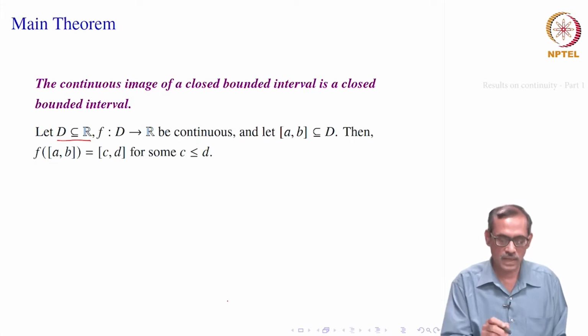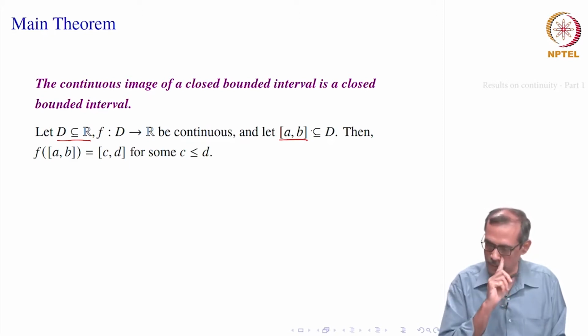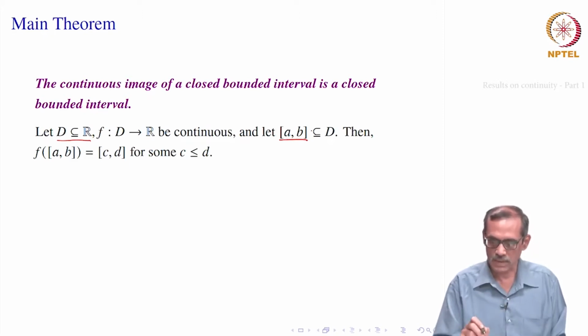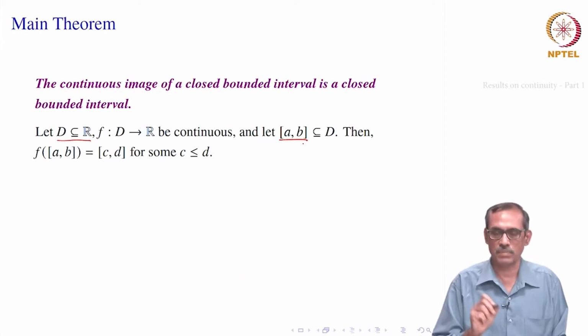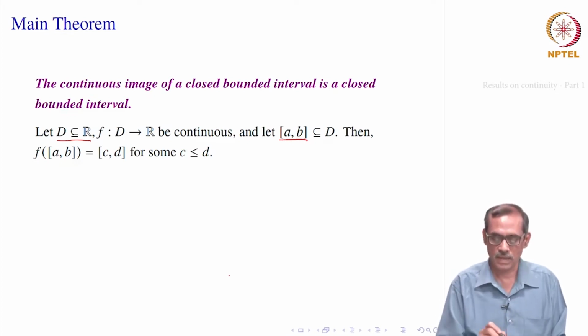And let us choose any closed bounded interval [a, b], a less than or equal to b. We will really take a less than b, because equal to b will give a singleton. So, a is less than b, that is assumed here implicitly. Let us take one closed bounded interval which is a subset of D. That means D is such a set which contains at least one closed bounded interval.